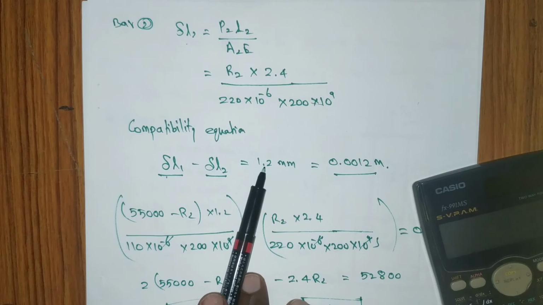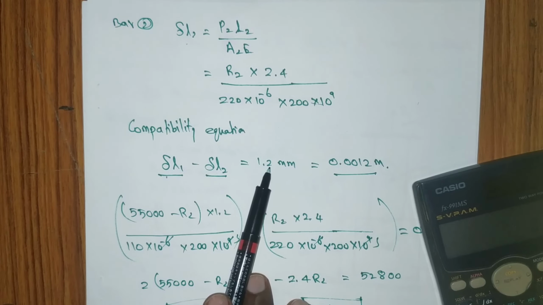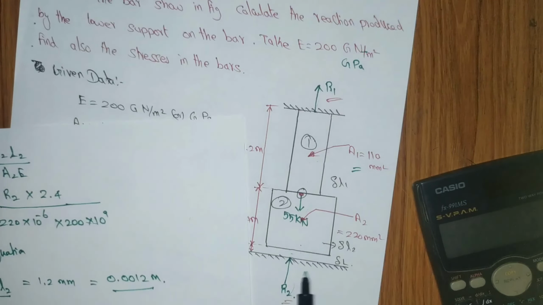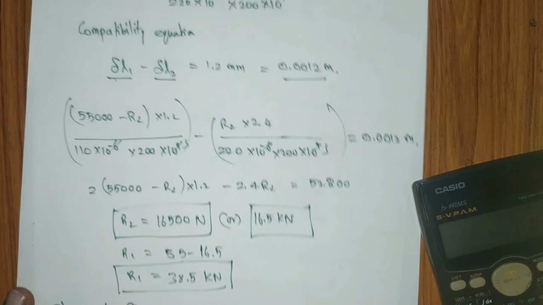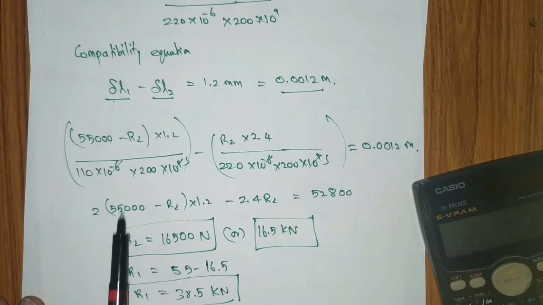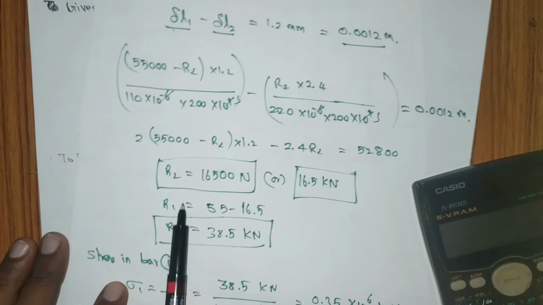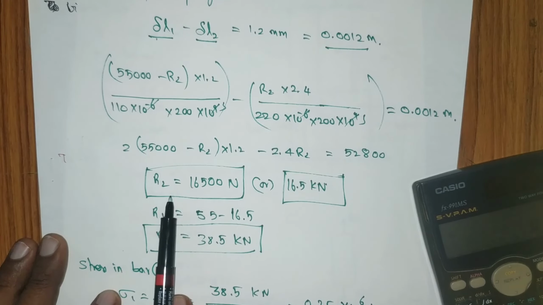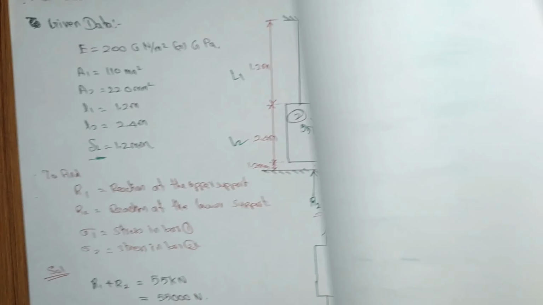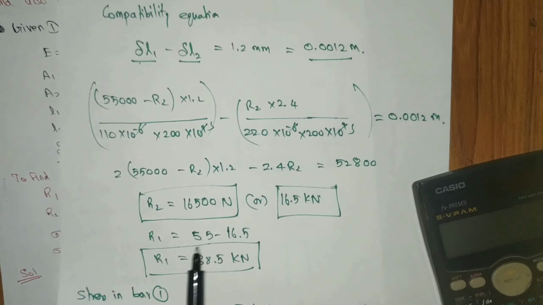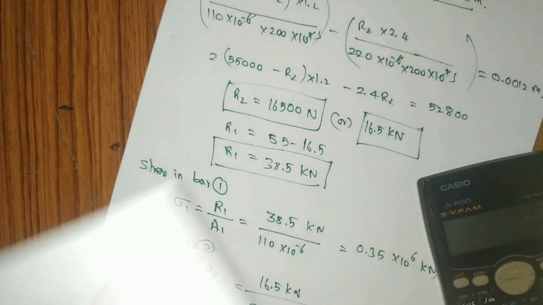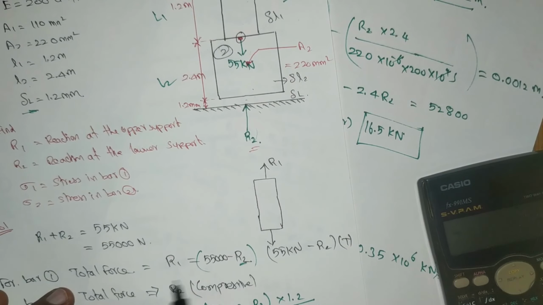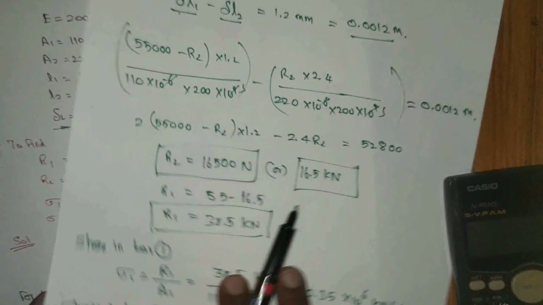Once it reaches the 1.2 mm, it is hitting this surface. So we have this value and this value, and solving the mathematics, we are getting R2 value. Substituting this R2 in this equation, we will get the R1 value. So we find out the R1, R2.